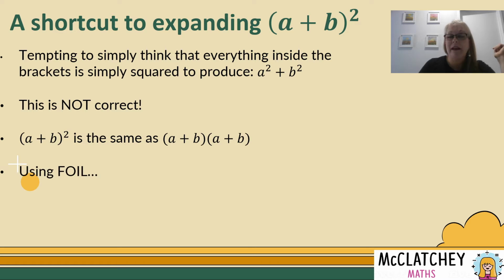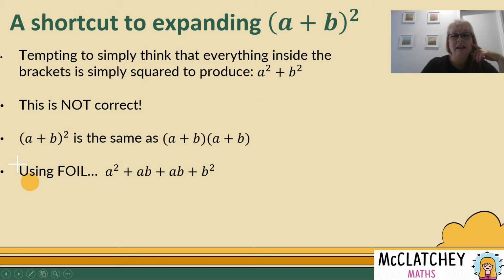And when we expand that out using FOIL, first terms, a times a becomes a squared. O is our outside terms, a and b, so that becomes plus ab. Insides, for the FOIL part there, is a times b, and lasts is b times b, which is b squared.